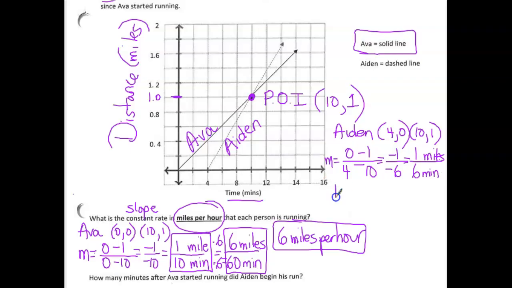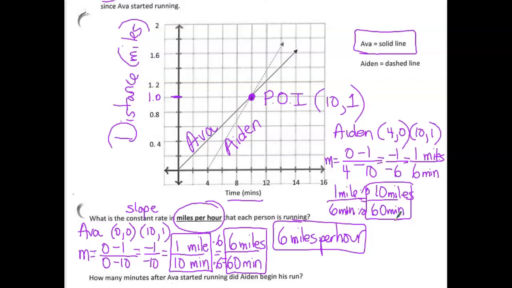So I'm going to convert my 1 mile over 6 minutes to 60 minutes. I have to think, what do I multiply 6 by to get to 60 minutes? 6 times 10 gives me 60 minutes. So I'm going to multiply my numerator times 10, and I get 10 miles over 60 minutes.